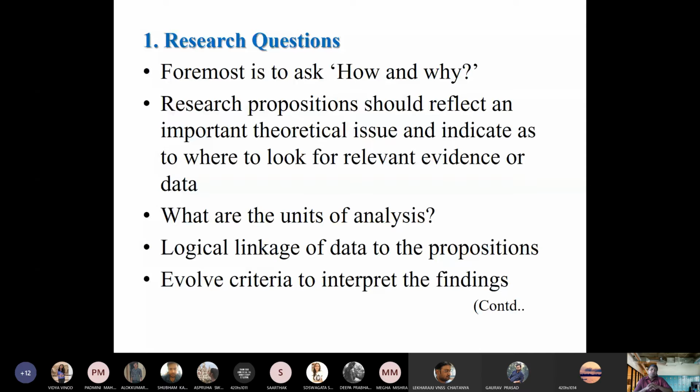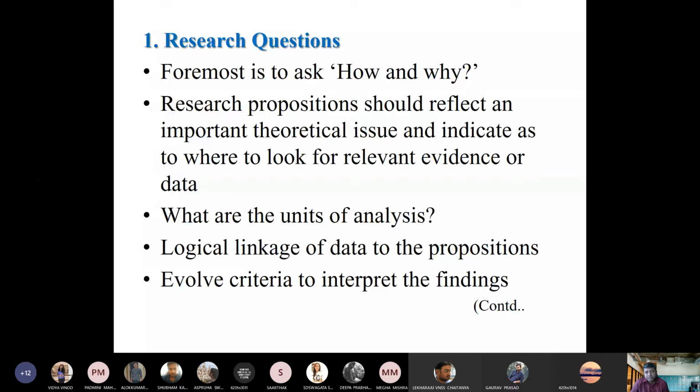Logical linkages of data to the proposition. If I have defined a research proposition, while I am developing the question, I should think that my question should extract certain kind of data and information which will have a logical linkage.